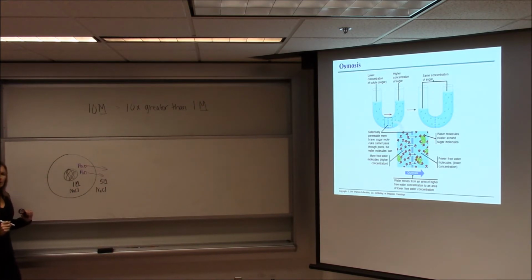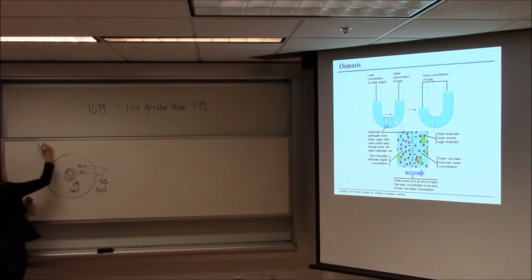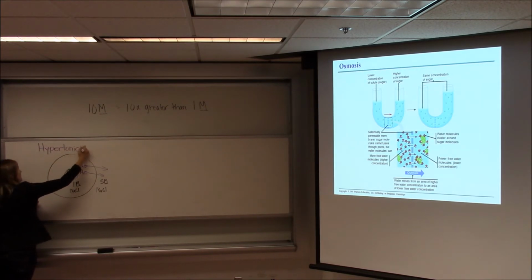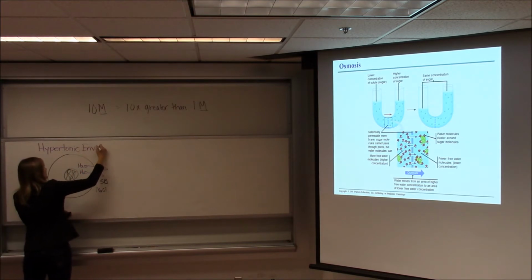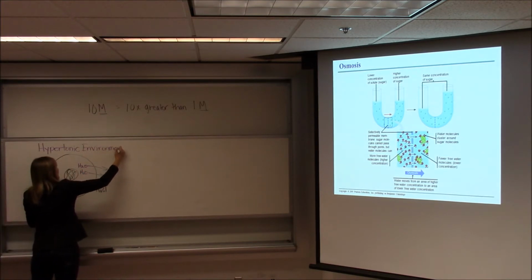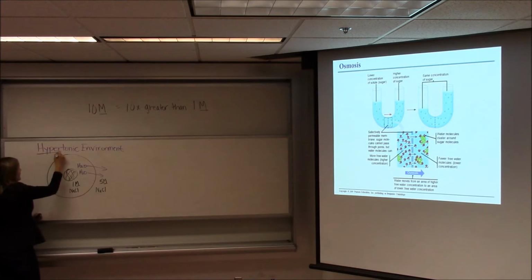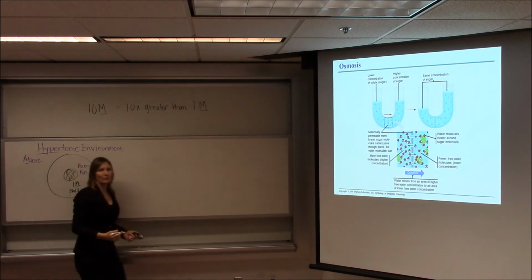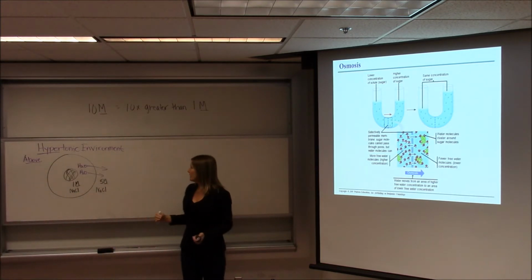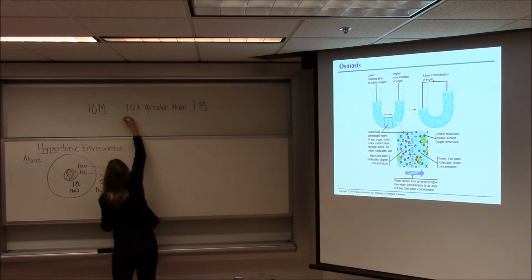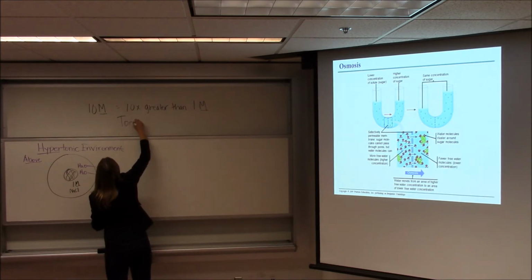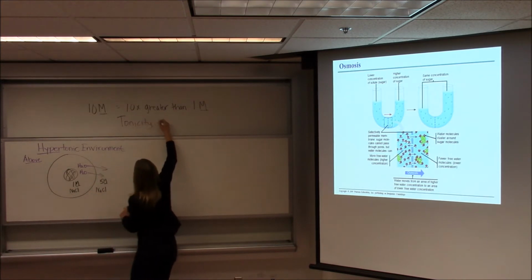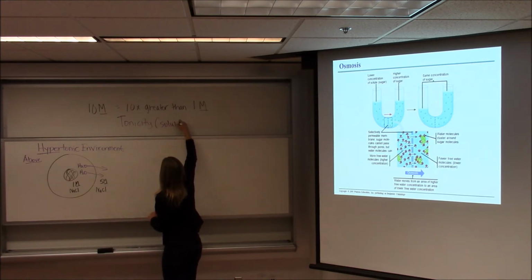We call this a hypertonic environment for this cell. Hyper means above. If you're hyperactive, it means your activity level is above normal. Hypertonic, we are talking about tonicity, which relates to solute concentration.